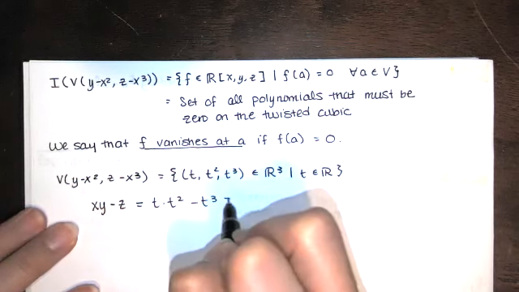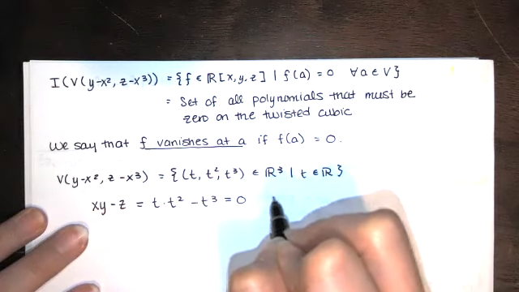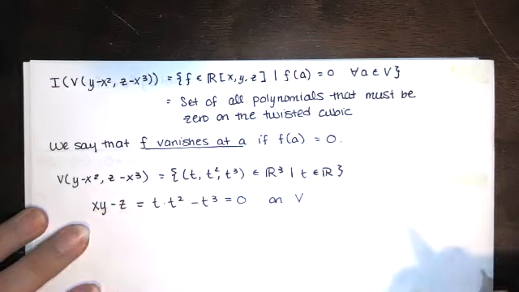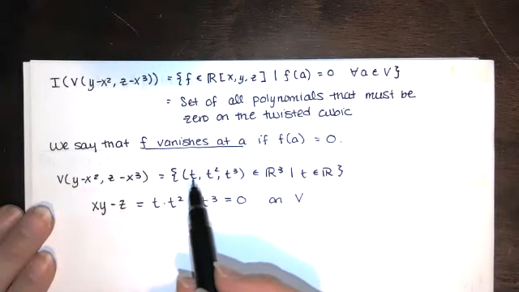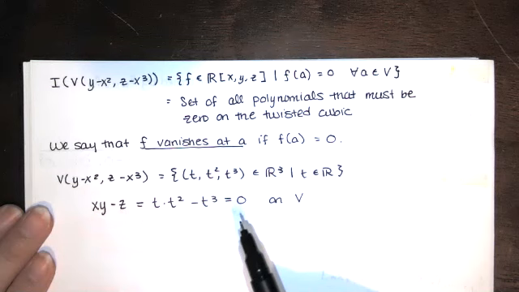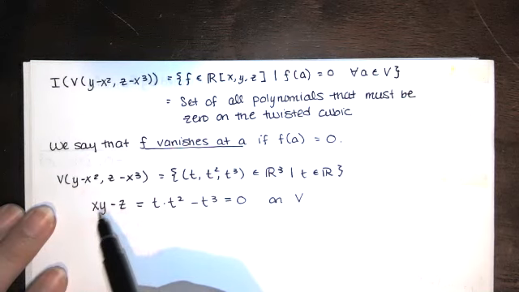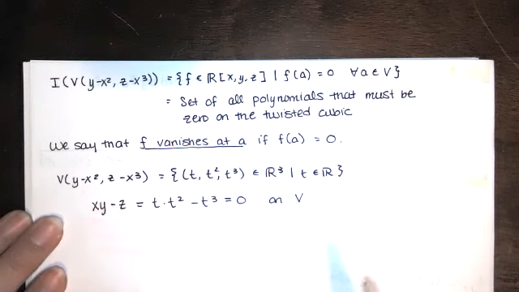That would equal 0 for all points on V, because if we have an ordered triple with coordinates given by these parametric equations, x times y minus z will equal 0 the whole time.